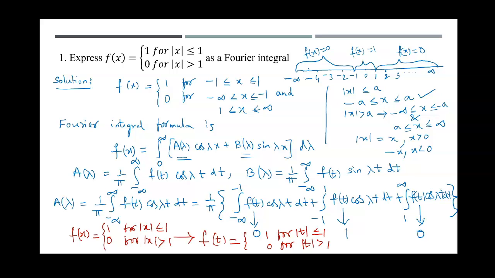So here for this f of t we can use the value of this given function. That's why here in the interval minus infinity to minus 1 f of t becomes 0, and in the interval minus 1 to 1 f of t becomes 1. So let us write this integral.